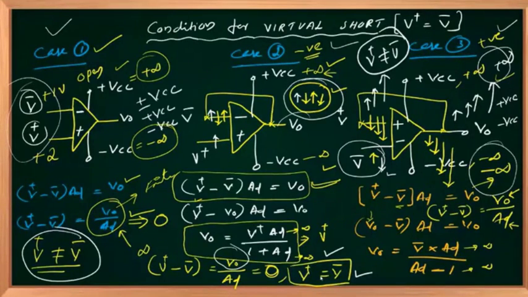The first condition is valid for all: input current equal to 0. That is valid for all 3 cases. V plus equal to V minus is the second condition, which is valid only for negative feedback circuits. And this is required to analyze all kinds of circuits that involve an ideal op-amp.